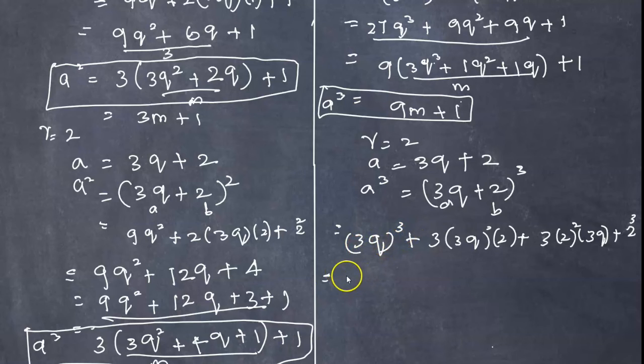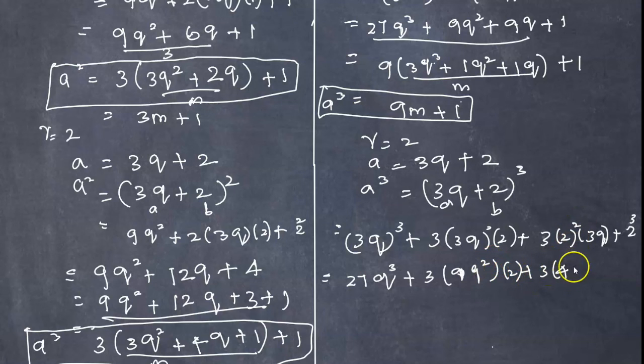(3q) the whole cube is 3 3s are 9, 9 3s are 27 q cube plus 3 into 9 is... actually we have to expand this, right? So 3 into (3q) the whole square is 9q square into 2, plus 3 into 2 2s are 4 into 3q, plus 2 2s are 4, 4 2s are 8, 2 cube is 8.